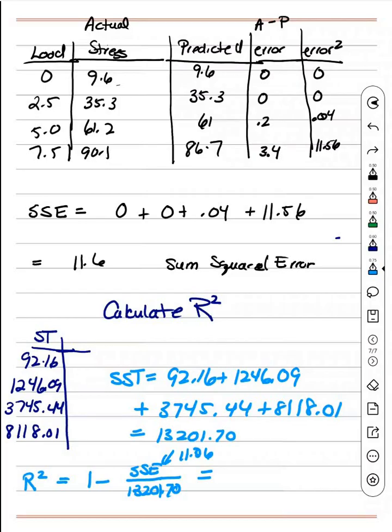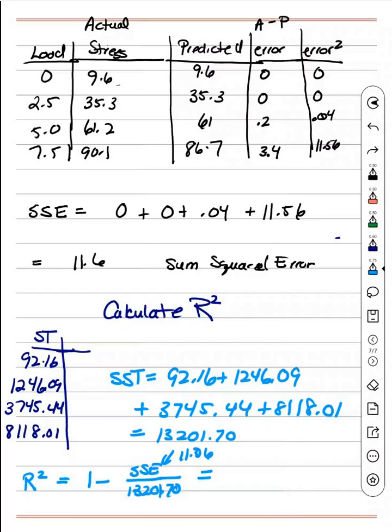So when I divide that, I get 1 minus, you have to remember your parentheses here, 11.6 divided by 13201.70.